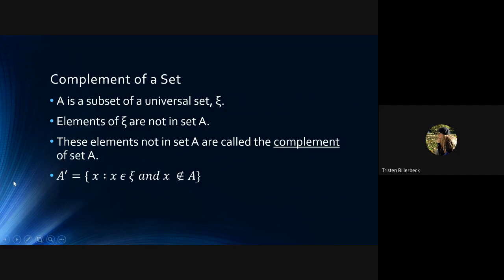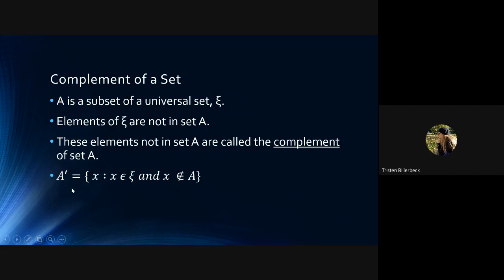So we would write the complement of A with a little apostrophe. That means the complement of A equals the set of all X such that X is an element of the universal set Xi, and X is not an element of A. So that's how you would write it. Pretty crazy that that means that. Let me repeat that.